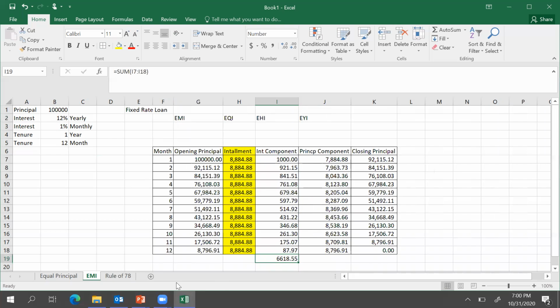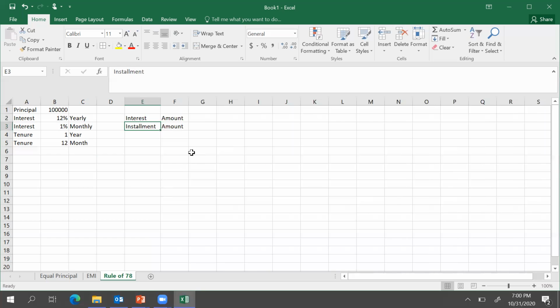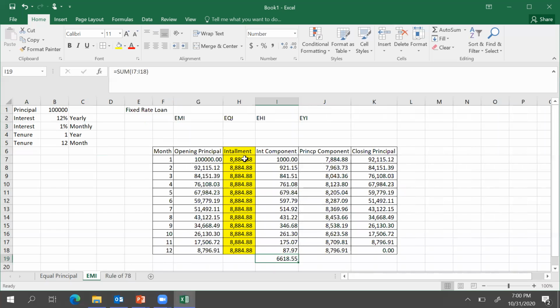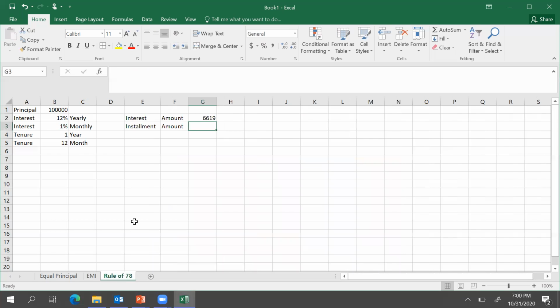Suppose we take the interest at 6619 that the bank has to recover across the 12 repayments, plus the installment. Again we will take it from here only. Suppose the installment is 8885.